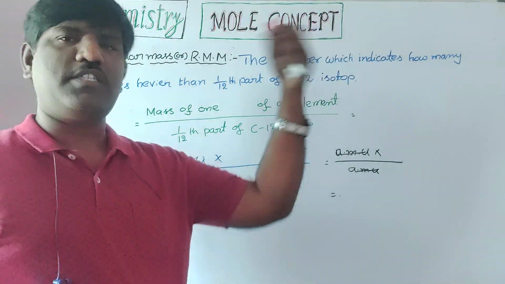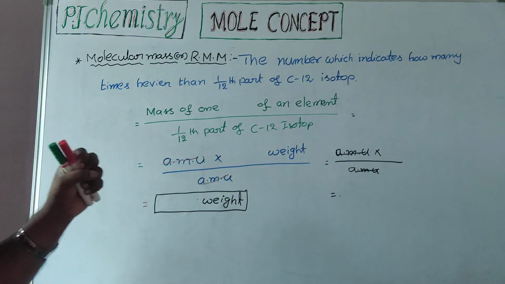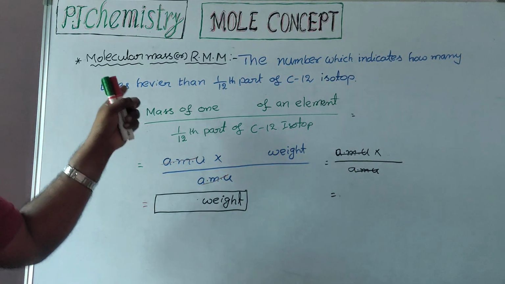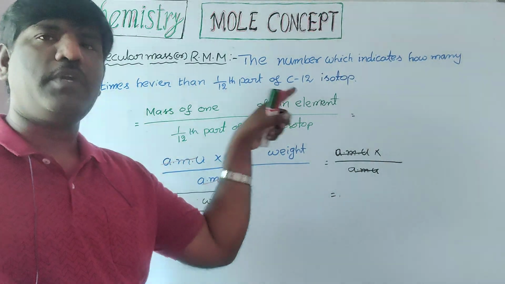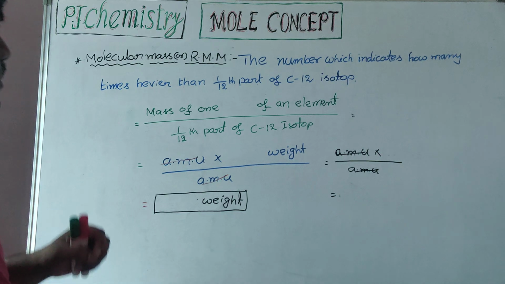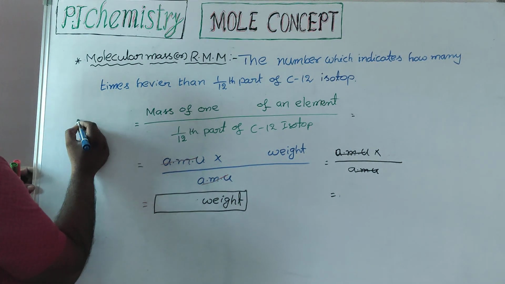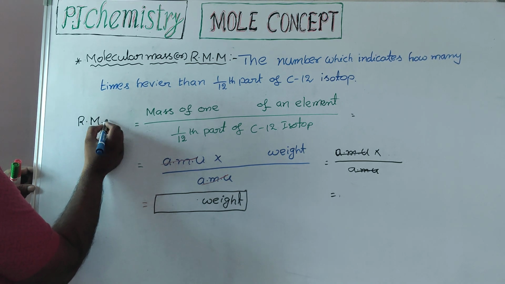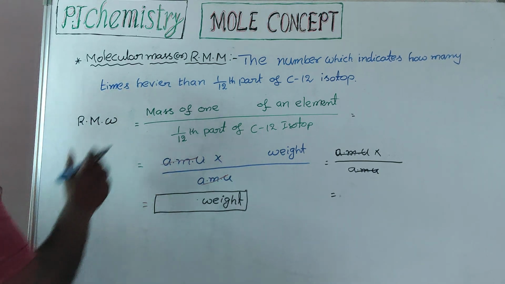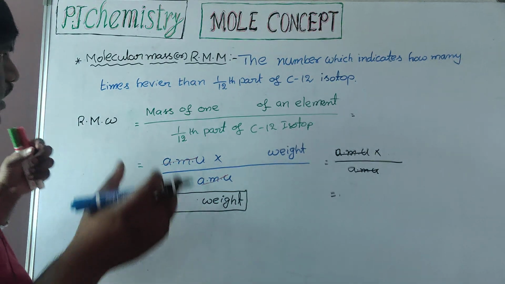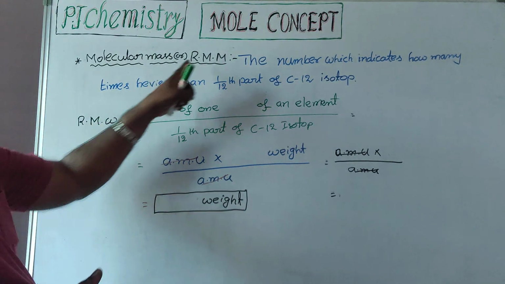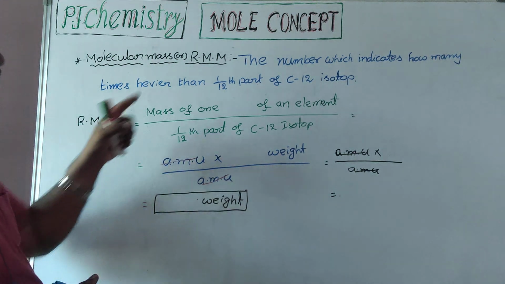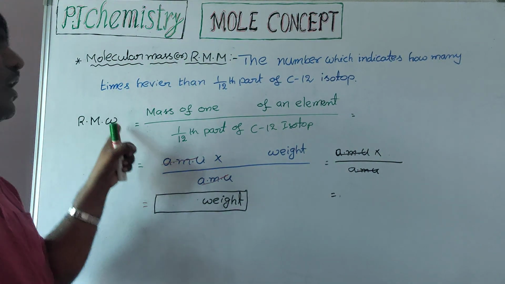The same definition: the number which indicates how many times heavier than 1/12th part of the C12 isotope. So the formula is relative molecular mass or relative molecular weight. Molecular mass and molecular weight are both the same as we are considering. Sometimes I write RMM, sometimes MW; both are the same.